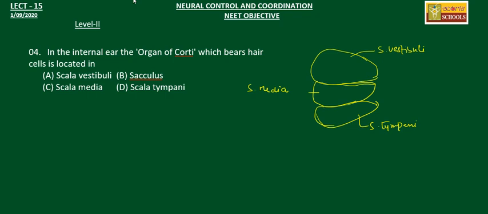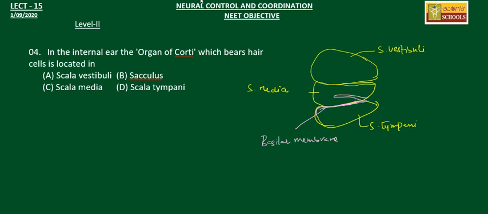Here we have a basilar membrane separating the scala media and scala tympani, and located on top of this basilar membrane is the organ of Corti.